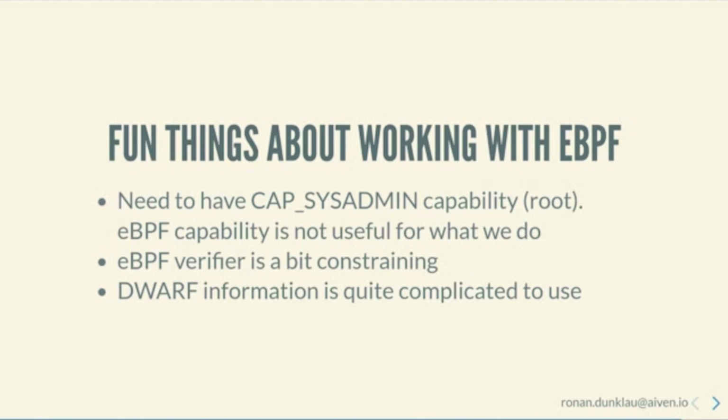For example, if you have a bit too much register pressure, it will start storing your variables elsewhere, and then it will lose track of the bound of your variable. So if you write some code saying if x is less than 10, it can get confused then and say, well, maybe x can be max int. And so, yeah, it's a bit constraining to use, but once you get the hang of it, you're able to solve the problem as you go along.